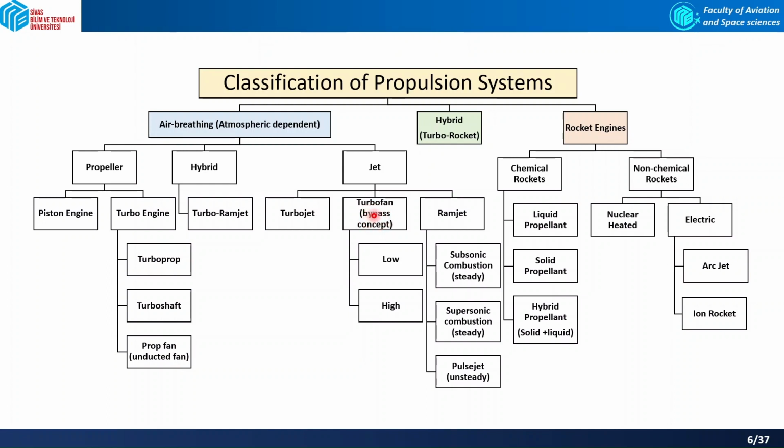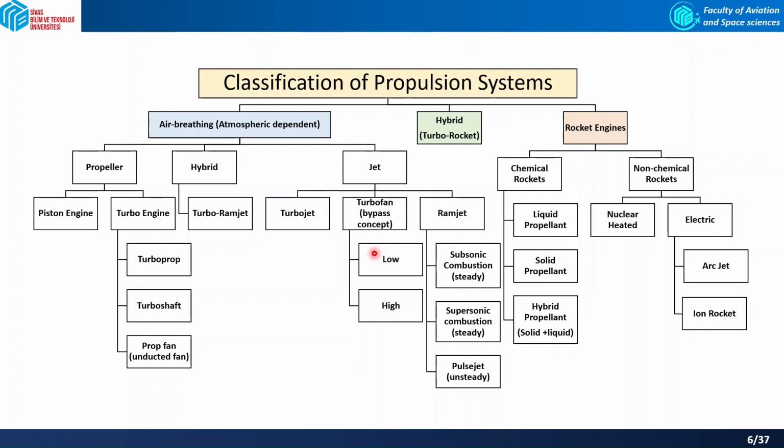and we call this a bypass air, which is not burnt inside the engine. So it's just going through the fan. We will see all of this in a moment. And based on the magnitude of the bypass, we can have a low bypass turbofan or a high bypass turbofan.